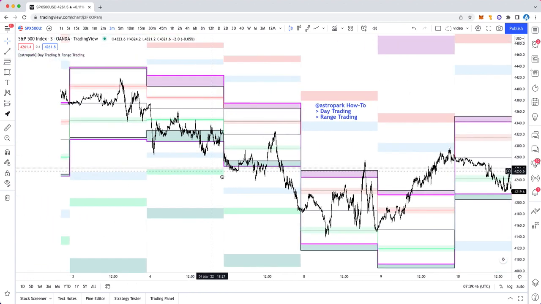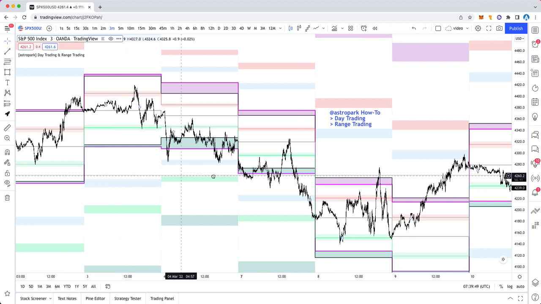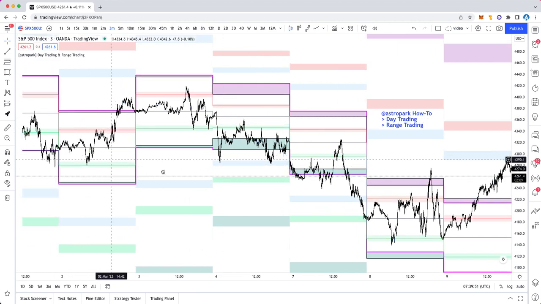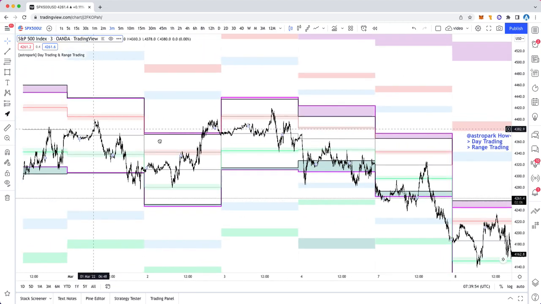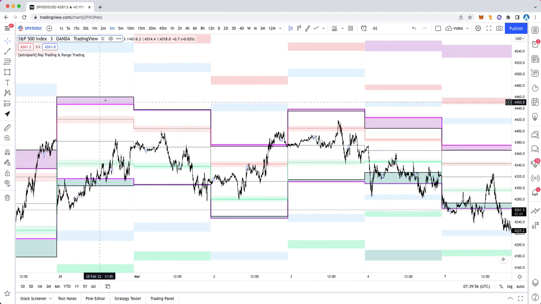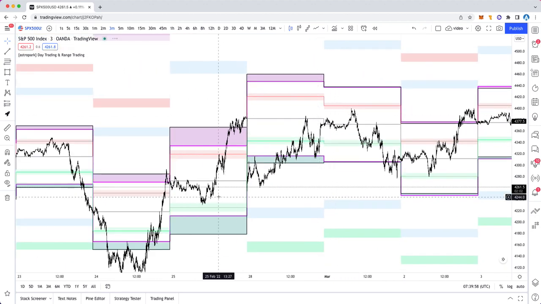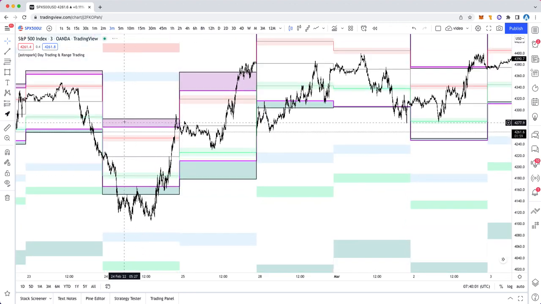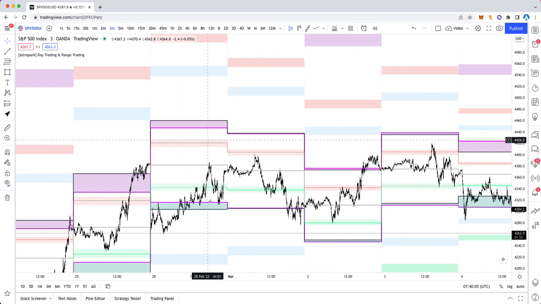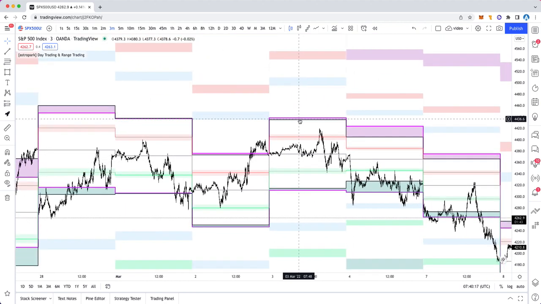It depends on how the history was. If you had a lot of volatility, for example, you see that this range is higher. But if you had some kind of small range, then you have a thinner daily top range and low range.